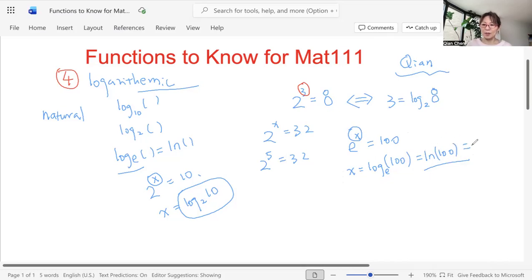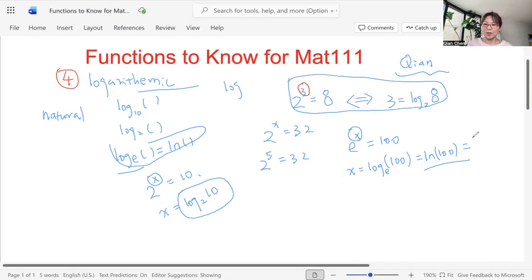We can use a calculator. On your calculator, you will see log, you will see ln. When you see log, that's log base 10. When you see ln, that's log base e. Okay. So it's related with exponential functions.